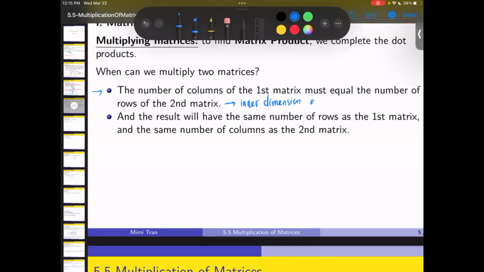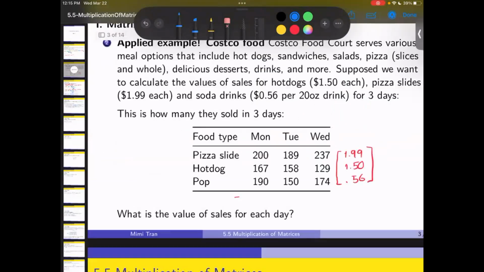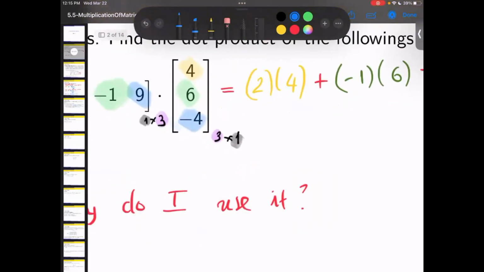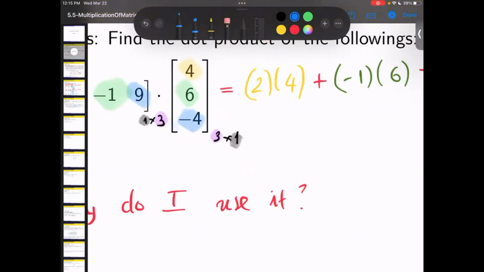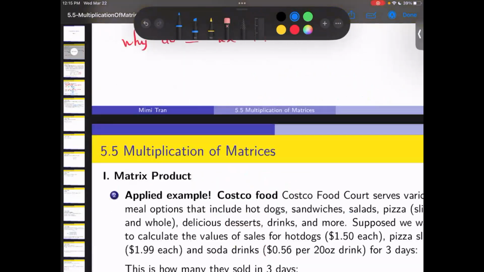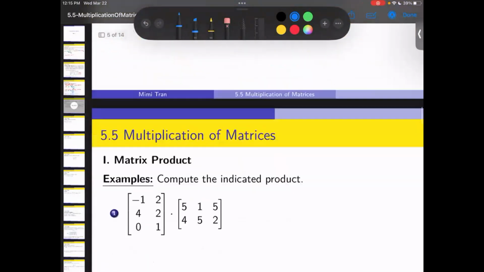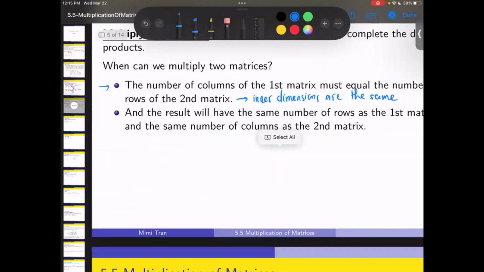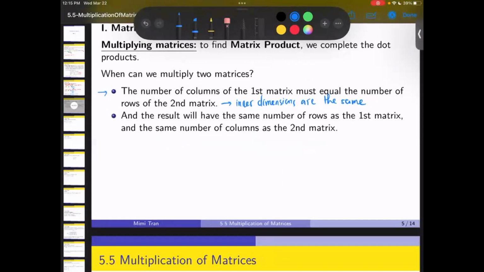Just like I did here, the inner dimensions are the same. If they're not the same, there's nothing you can do. You just stop. And the result will be what? The result will have the same number of rows as the first matrix and the same number of columns as the second matrix.